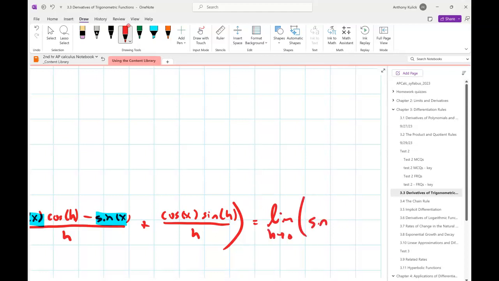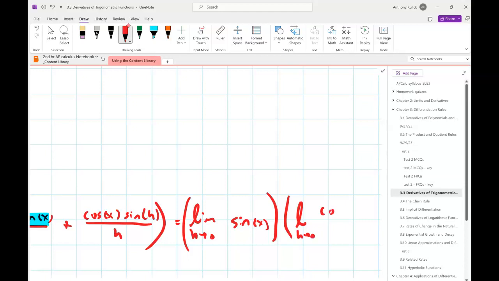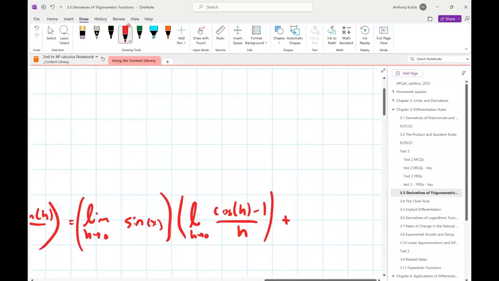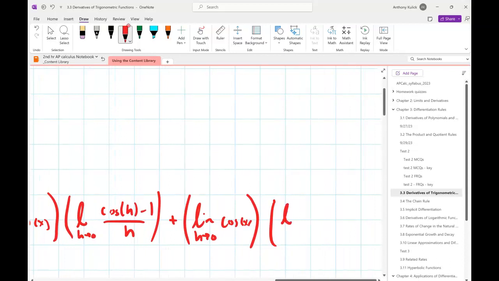So when I factor that sine x off, that's going to be its own limit, and that'll be its own limit. And I'm going to do the same thing over here, where I'm going to take the cosine x and leave the sine h over h.